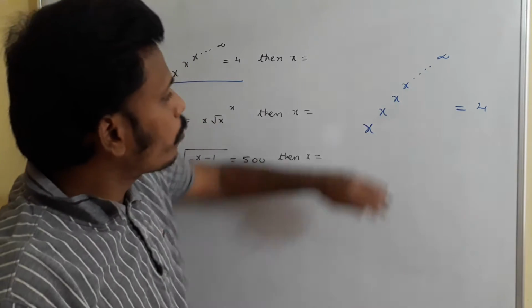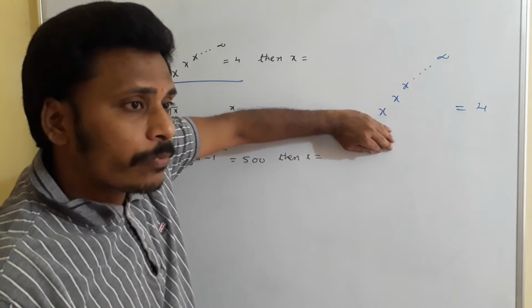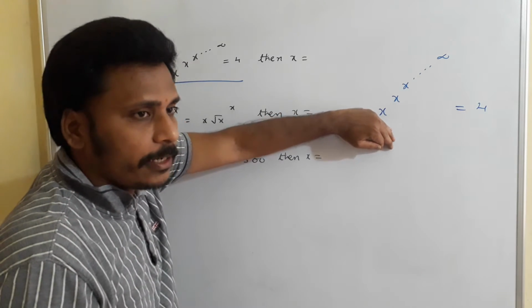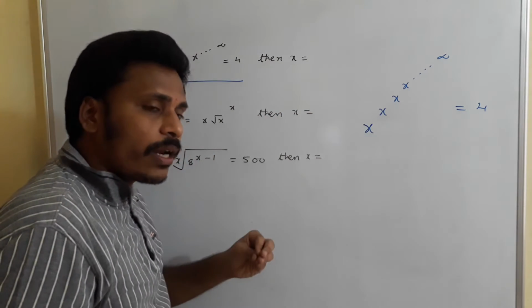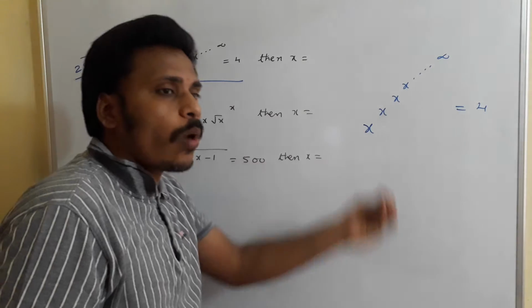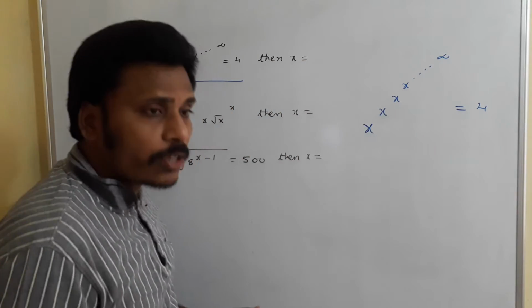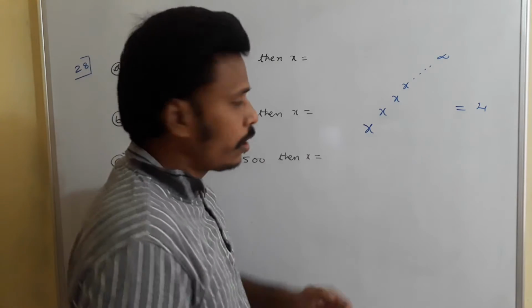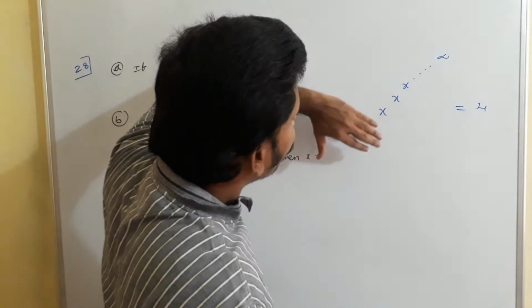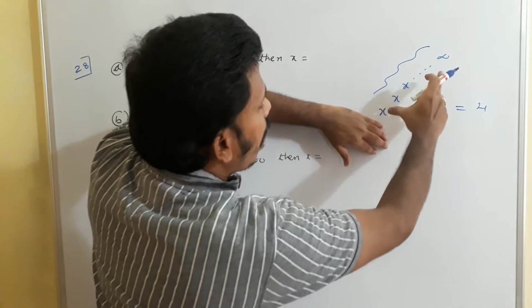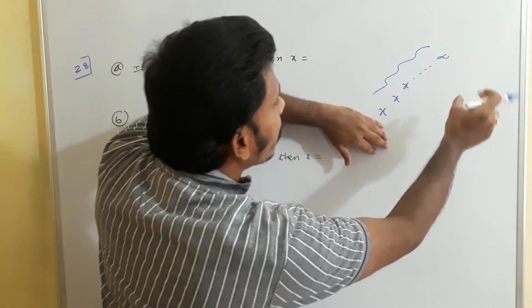Here, infinitely many x's are involved. Suppose you remove one x, what will happen? Again there will be infinite x's, because removing one x and adding one x will not affect infinity. So you just leave this one x and think about all the remaining part. All this part is again equal to 4.